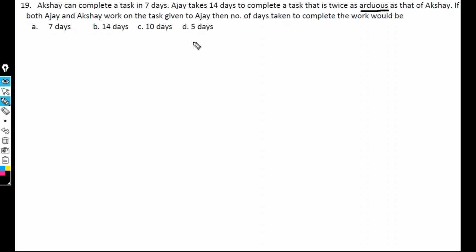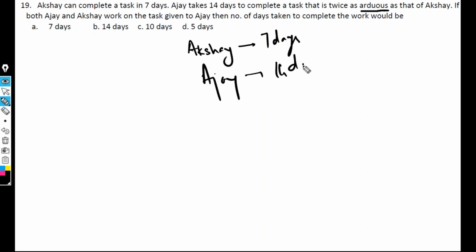So let's discuss. Here he says, Akshay can complete a task in 7 days. Ajay takes 14 days to complete a task that is twice as arduous as that of Akshay. So arduous means difficult.